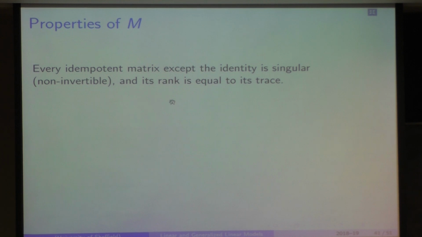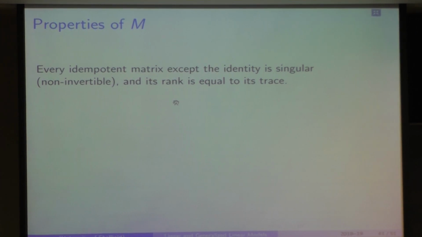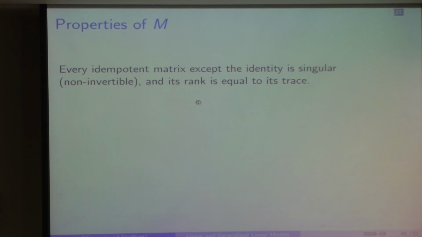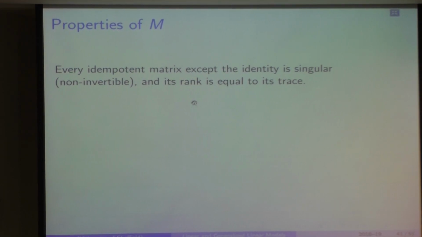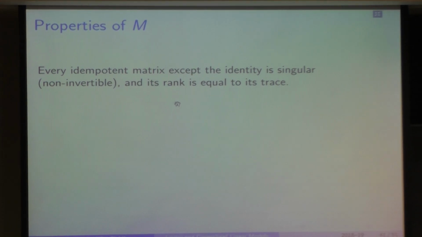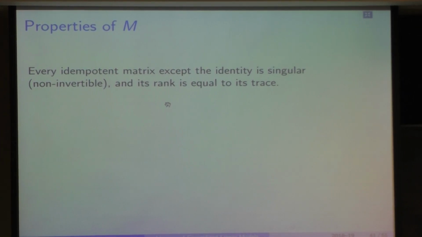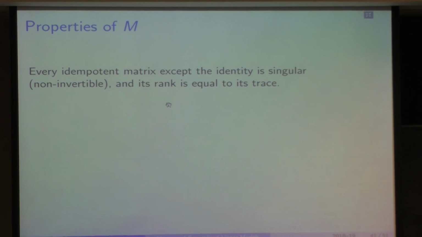Okay, so first of all, I'm going to make a statement about linear algebra. We've seen that M is an idempotent matrix, M squared is equal to M. M is not, at least not normally, the identity matrix, though there might be very special cases where it is.